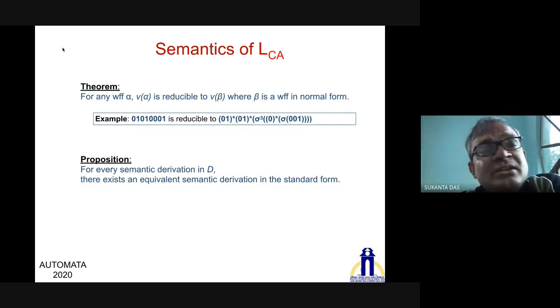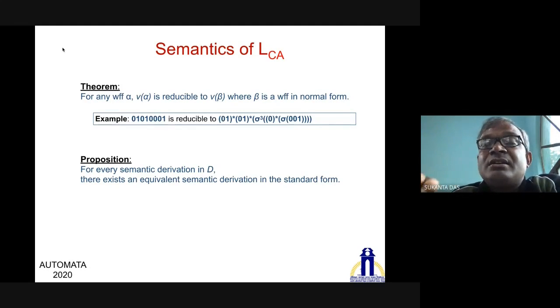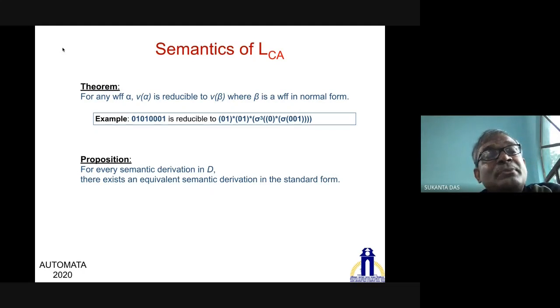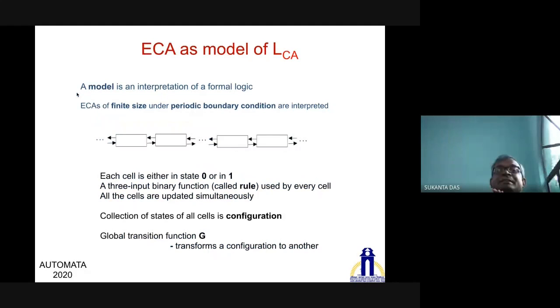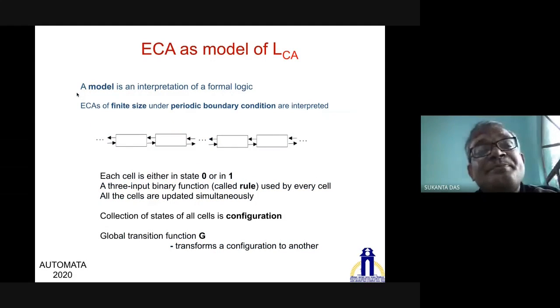You take any alpha, and V alpha is always reducible to V beta, and beta is in normal form. The formal proof is not given here. You can test that. An example I have given is 0101001, which I can reduce.